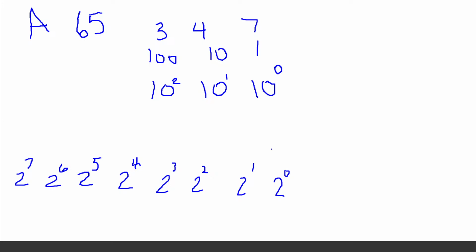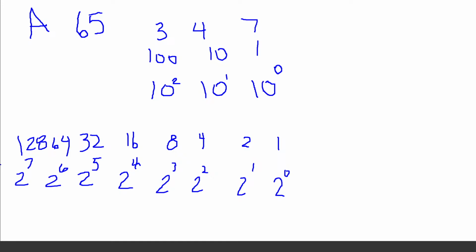And these values correspond to 1, 2, 4, 8, 16, 32, 64, and 128. So basically, if I have a 1 in that place, I'm going to add the place value to my overall number. If I have a 0 in that place, I'm going to skip it.